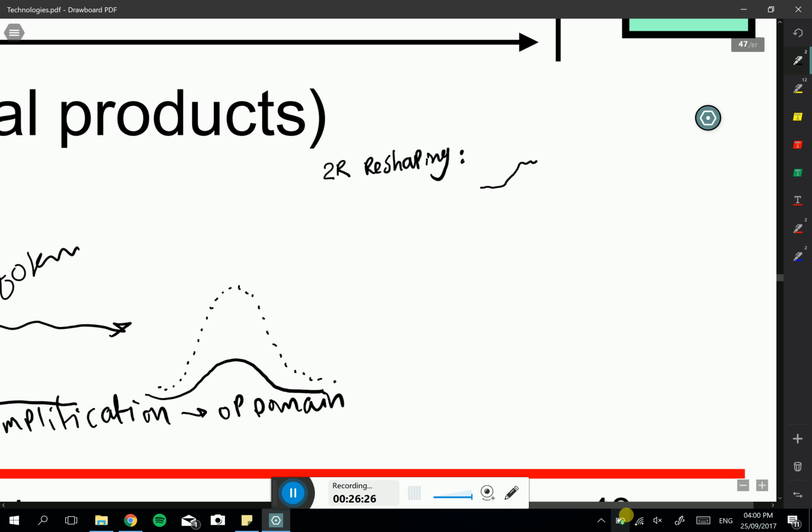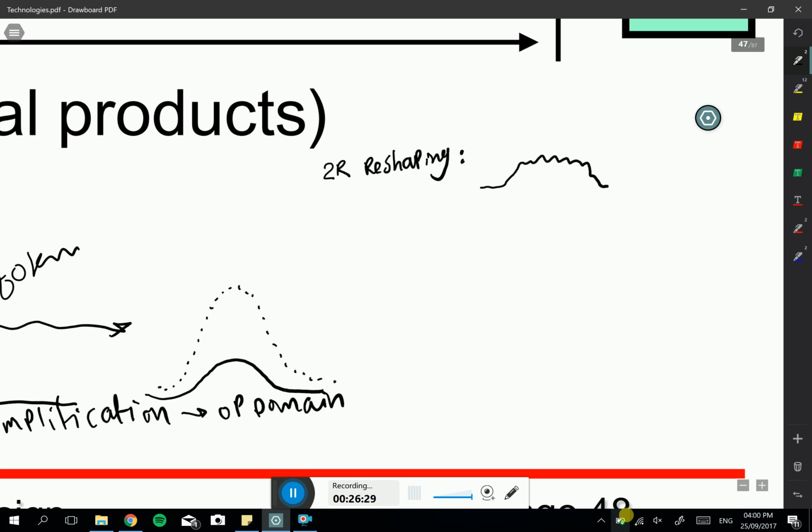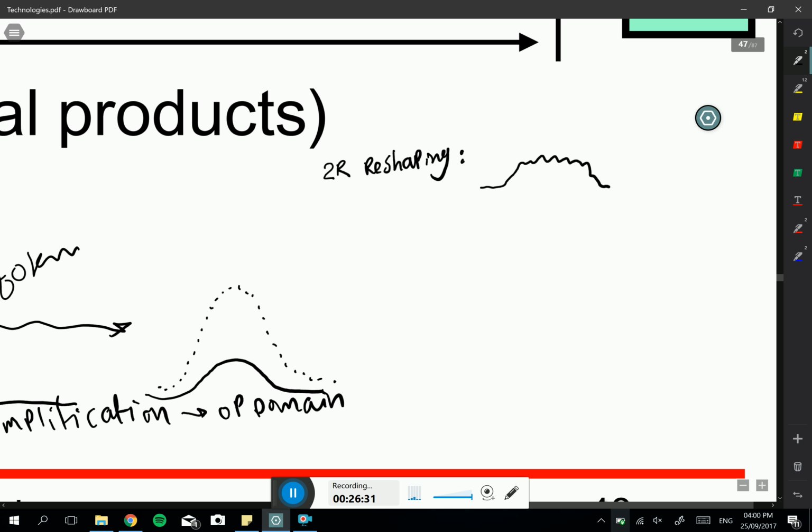Okay? So if I amplify this signal, I'm going to get a signal which is like that, not the signal that I wanted to have, right? Can we do reshaping of the signal in the optical domain? Unfortunately not. This is something we need to have mostly in the electronic domain.